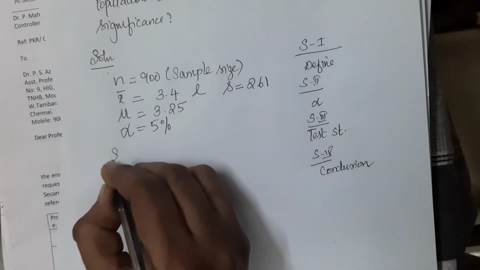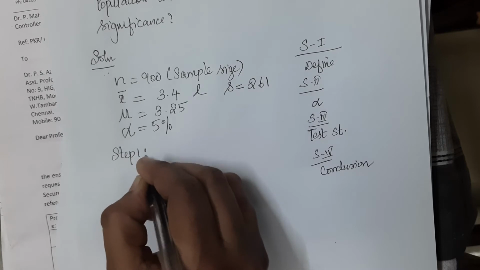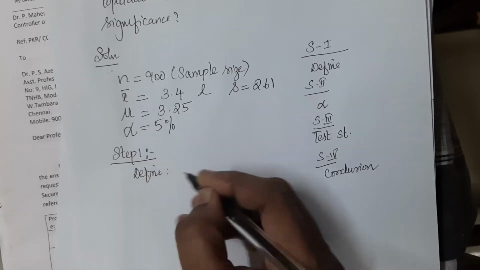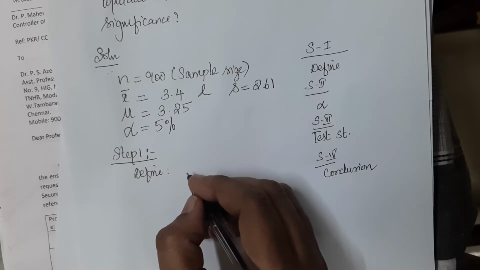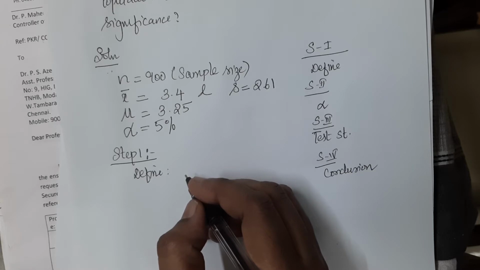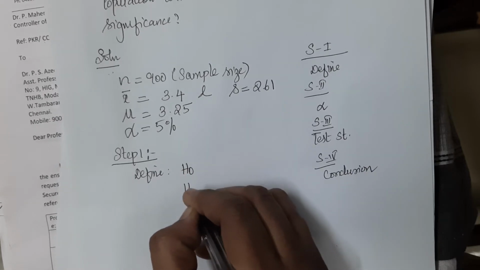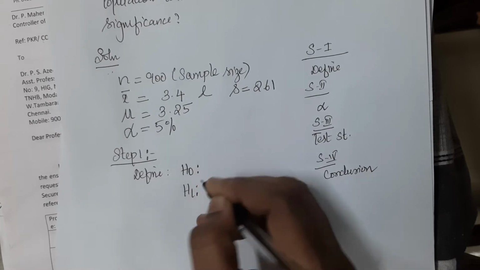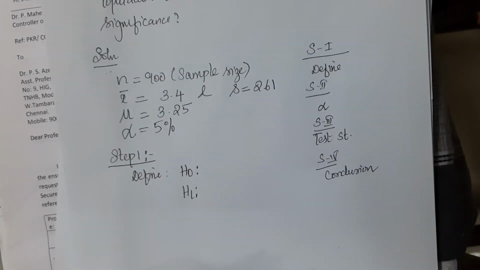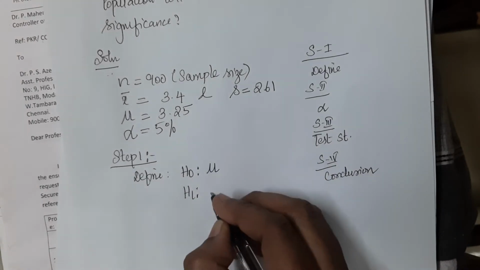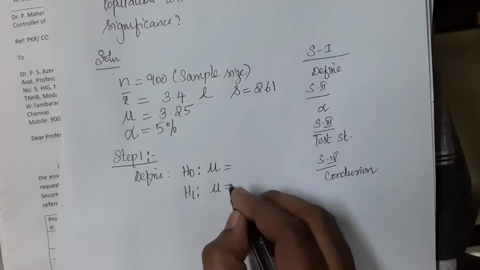To start with step 1, defining the hypothesis. As we have seen in the theoretical explanation in the previous classes, there are 2 types of hypothesis. One is H naught, the other one is H1. As we are in type 1, the hypothesis is defined as mu equals or mu not equals.